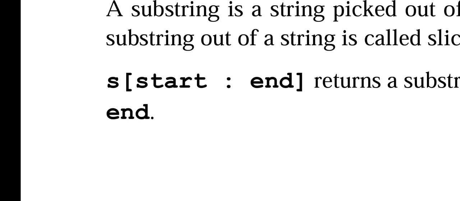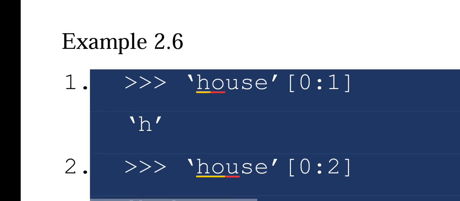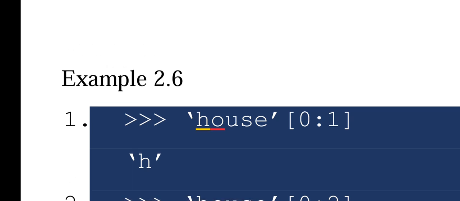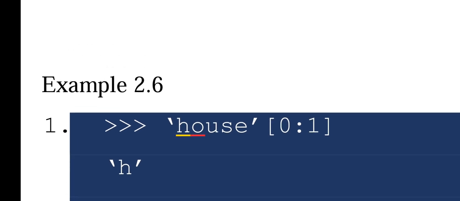I don't have a better way of explaining this apart from going directly to the practical application of the syntax in a coding environment. Look at example 1. The string we have is house, and inside the pair of square brackets we have 0 colon 1.